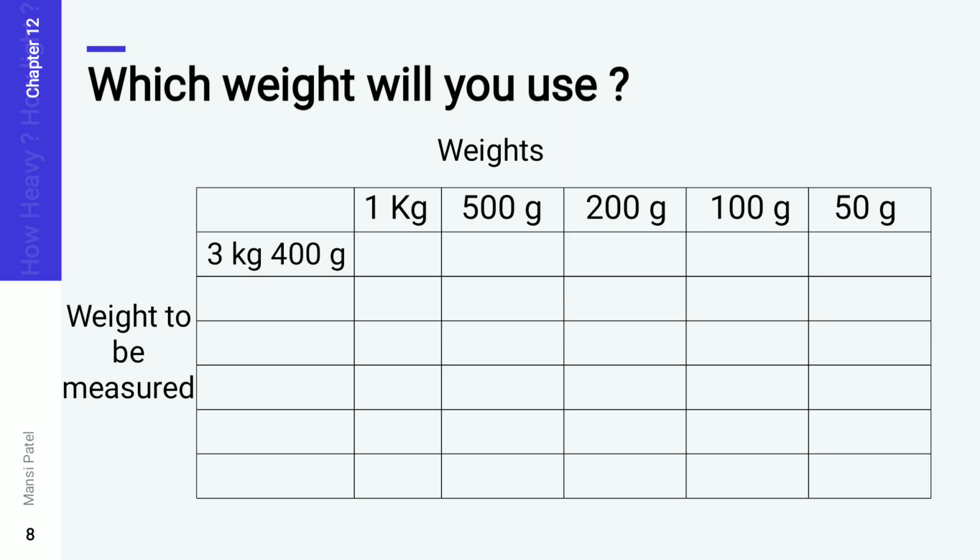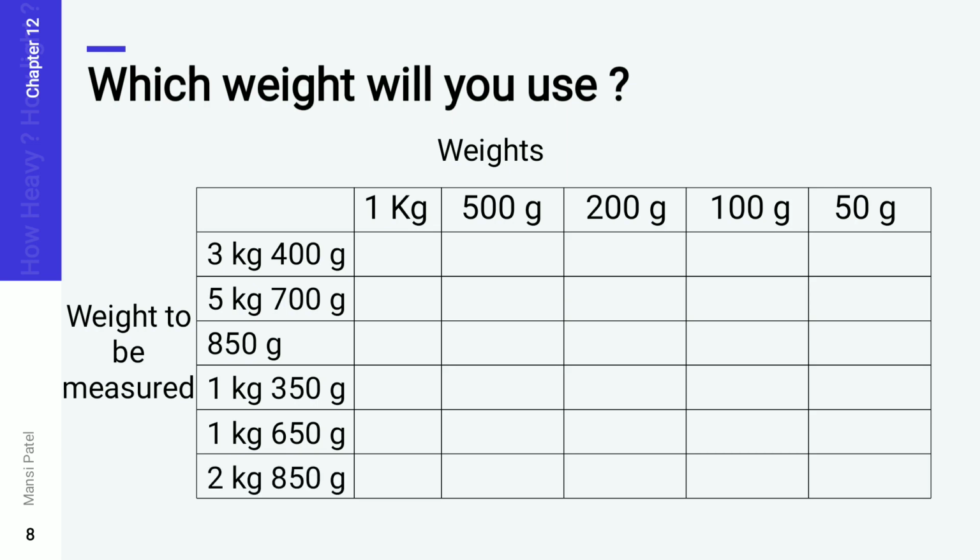So here you have to first make 3 kilogram and 400 gram. Then after, you want to make 5 kilogram and 700 gram. Then 850 gram. Then 1 kilogram and 350 gram, then 1 kilogram and 650 gram, and then in the last you want to make 2 kilogram and 850 gram.